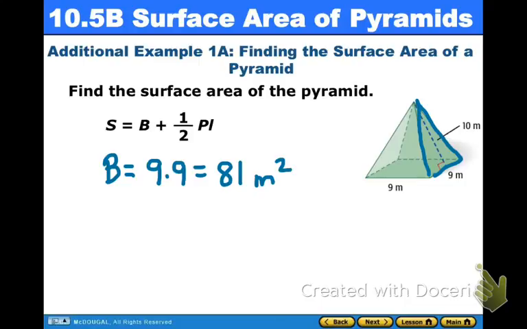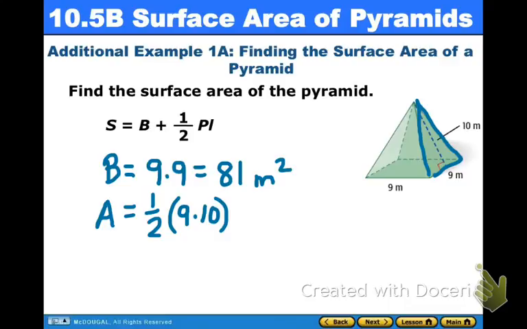So we have the area of the triangle being equal to 1/2 of our base times our height, okay? And our lateral area will be 4 times that. So the lateral area is that area of all 4 of the triangular bases.